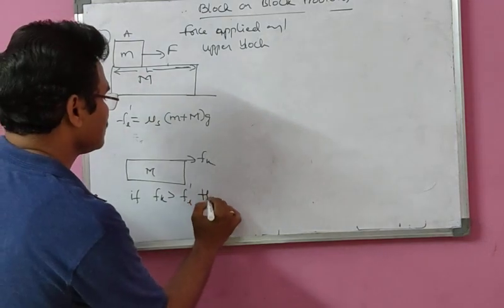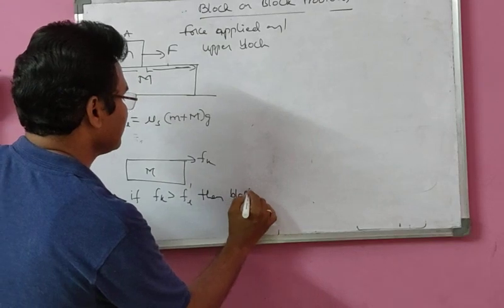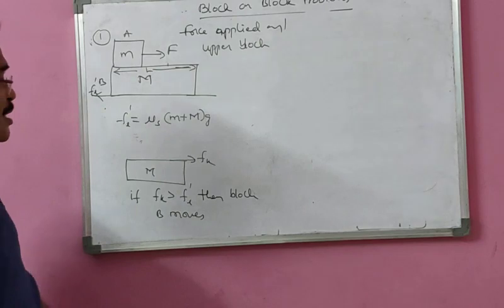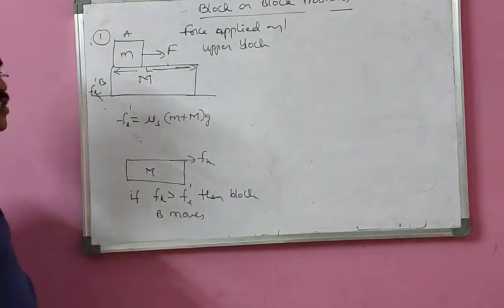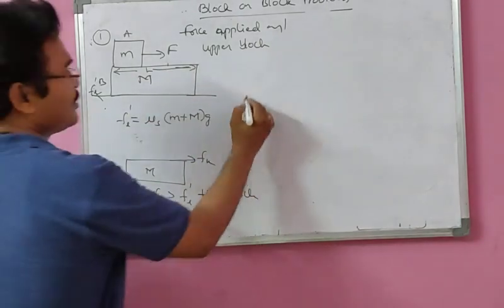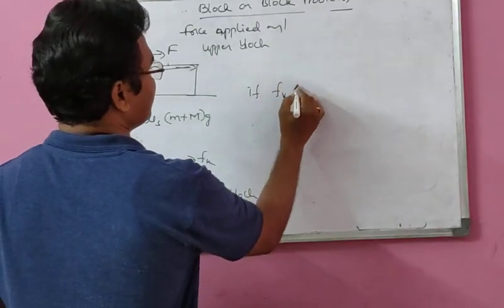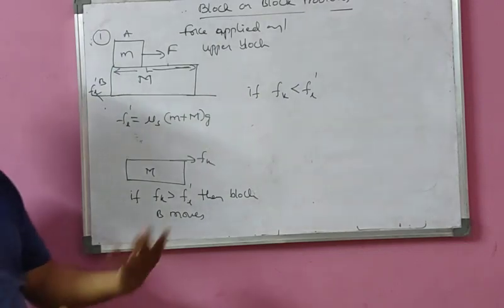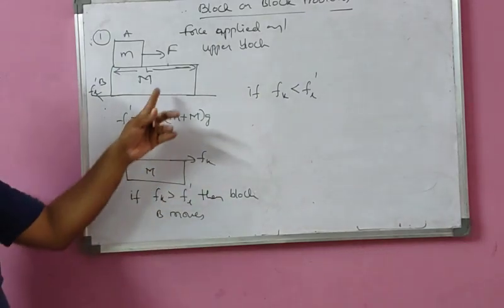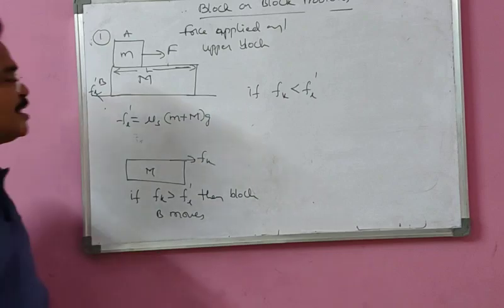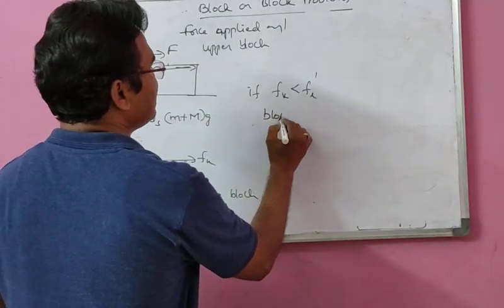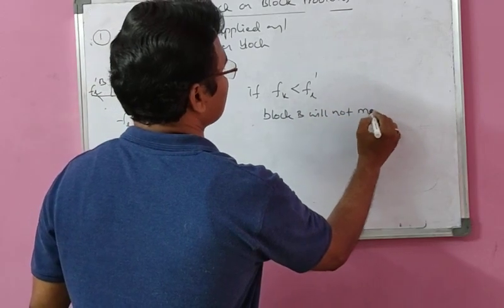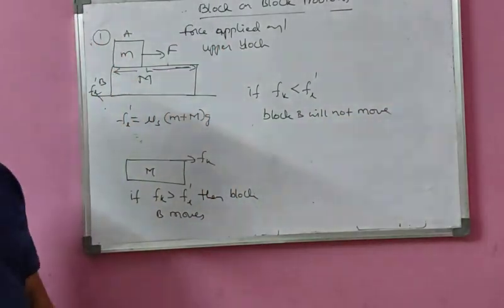Then block B moves, because the applied force is greater than the frictional force. If Fk is less than FL dash, then what happens here? There is no question of movement for block B. That means block B will not move.